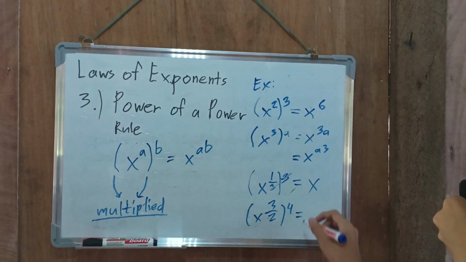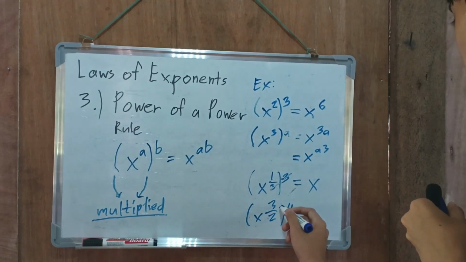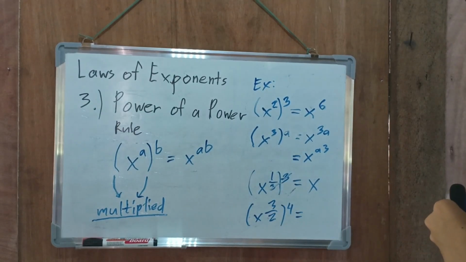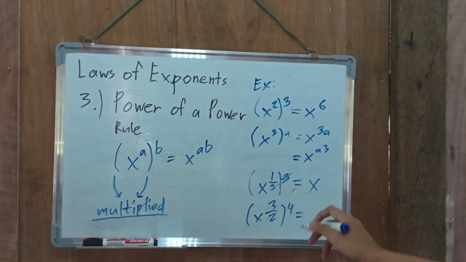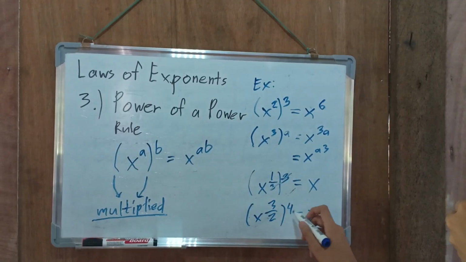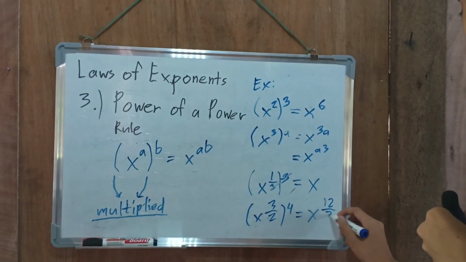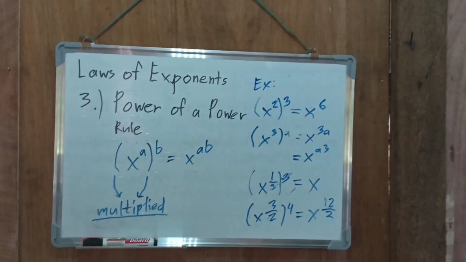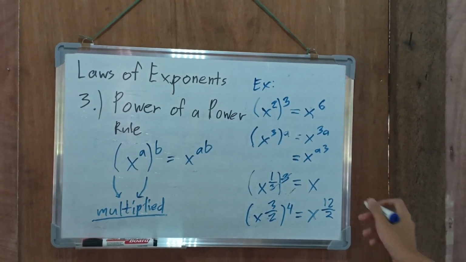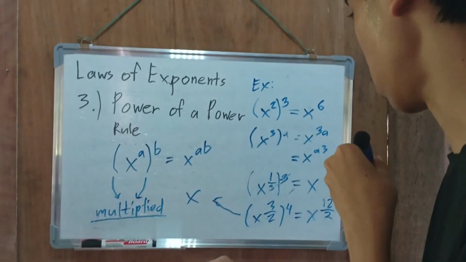Now, the answer is very simple. You're just going to multiply it. 3 times 4 is 12, divided by 2, which means the answer here is x raised to 6.